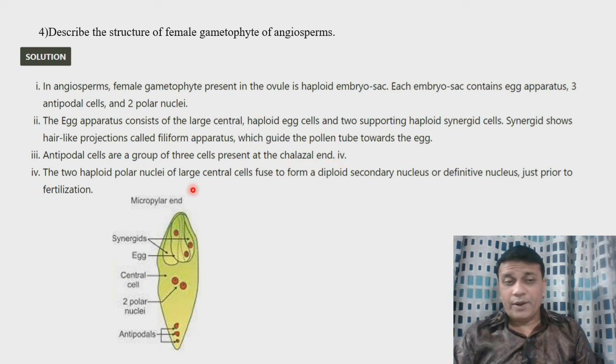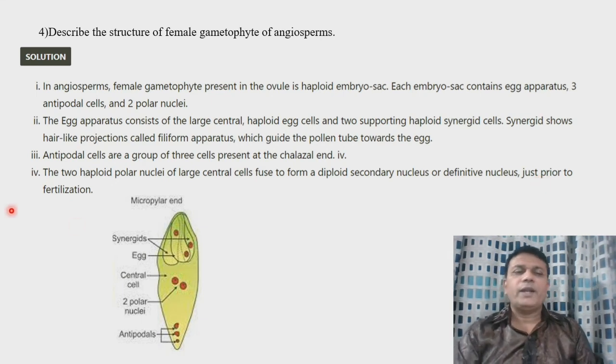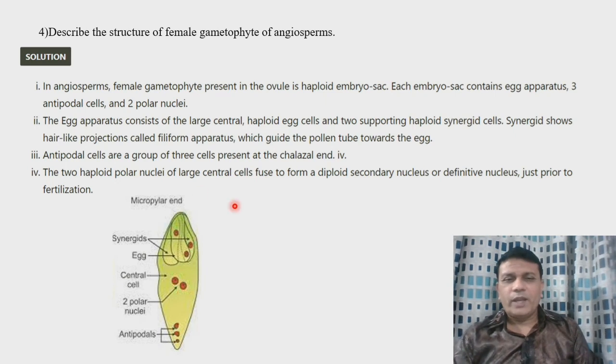Then fourth point is, the two haploid polar nuclei of large central cell fuse to form diploid secondary nucleus, or it is called as definitive nucleus, just prior to or just before the fertilization. Now here we have seen the 4 points which should be written in the answer.